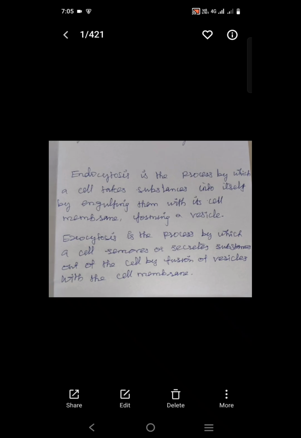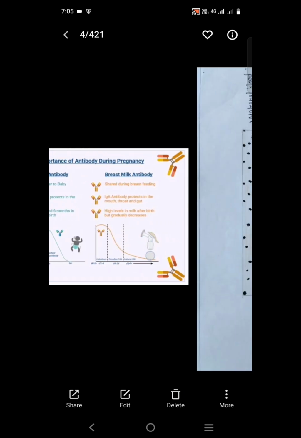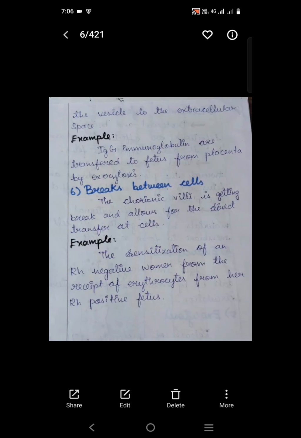Next, if you look at exocytosis, it is the release of molecules within the vesicles to the extracellular space.